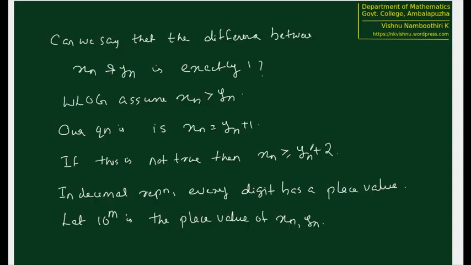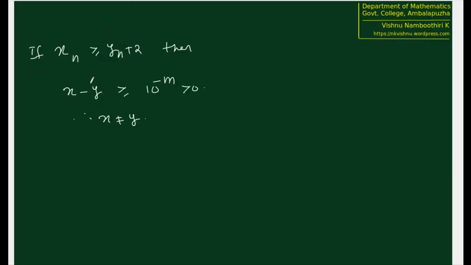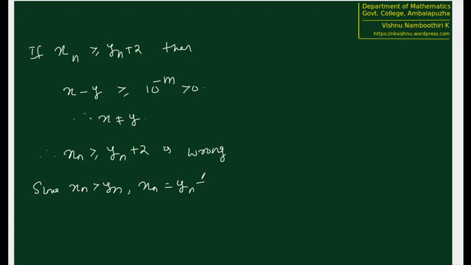What is our assumption? We assumed that xn is greater than or equal to yn plus 2. That is wrong. But at the same time, xn is greater than yn. Therefore, xn must be equal to yn plus 1.